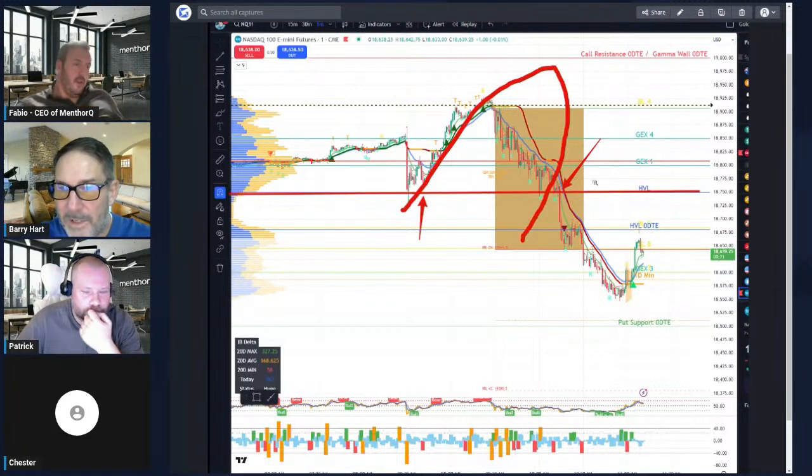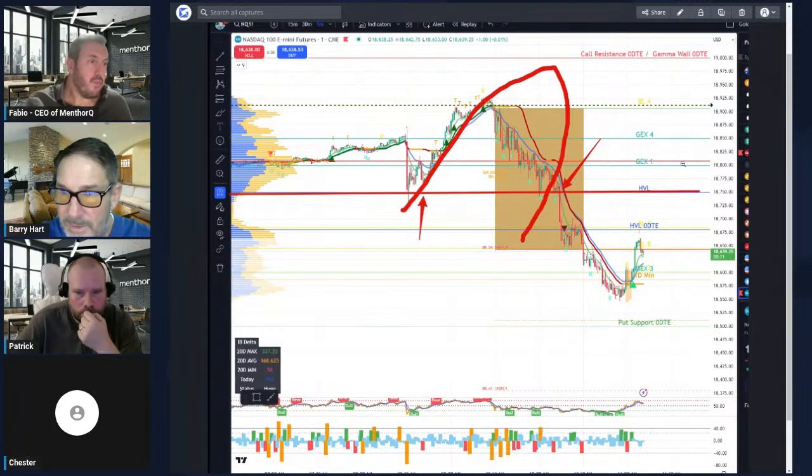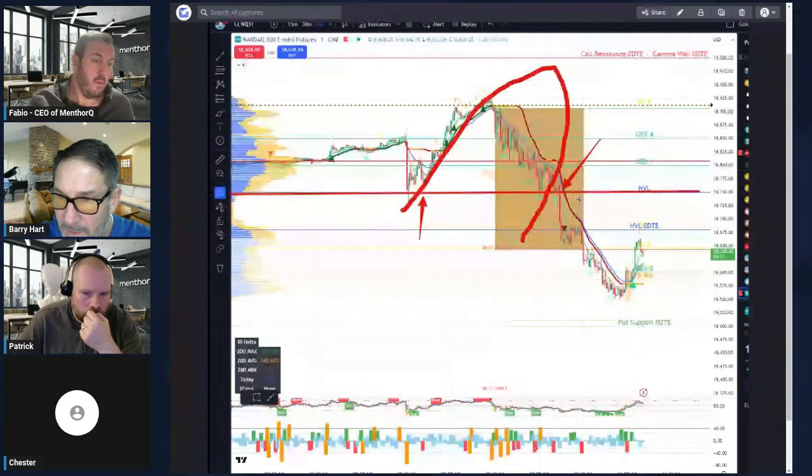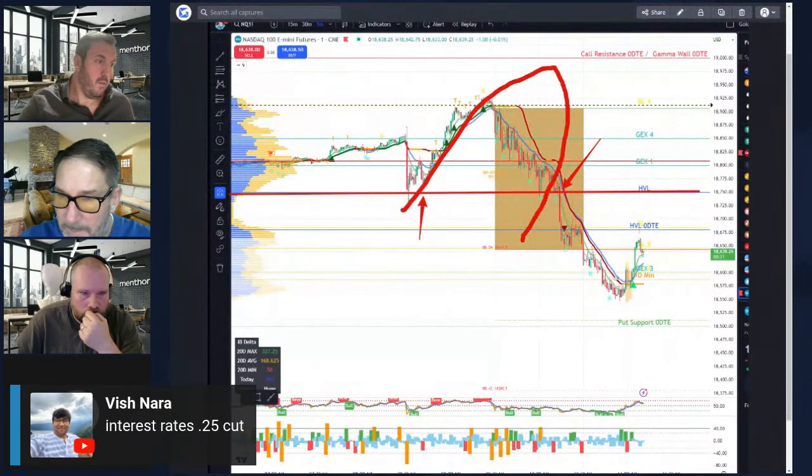And so the risk was GEX1. And that was about 50 points. That's a lot in the NQ, but it's not if you're just using a couple of contracts on a Topstep account. And you can really get a lot of excursion in a Topstep account as long as you give yourself a little risk.